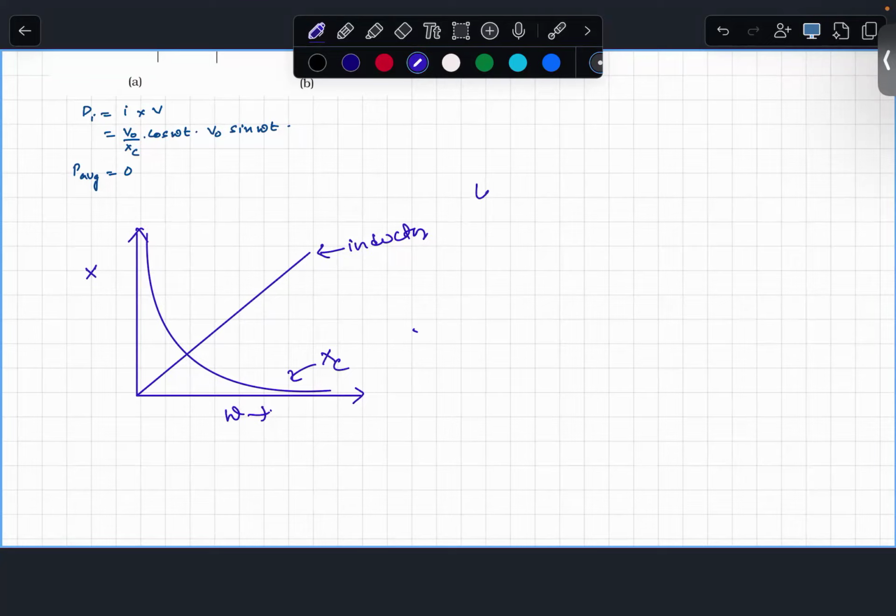At low frequencies, XC is high. At high frequencies, XL is high.